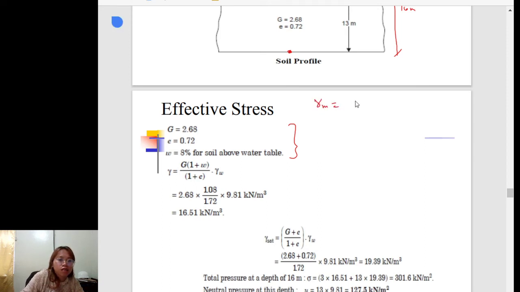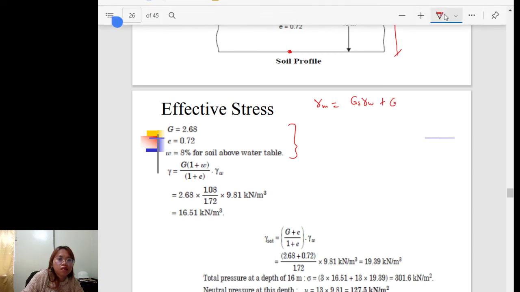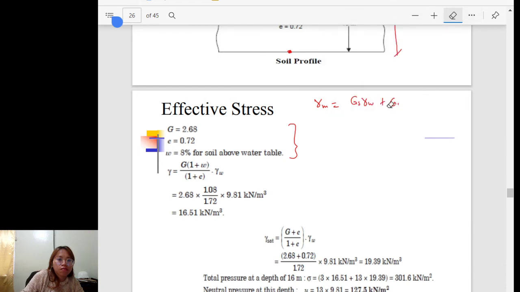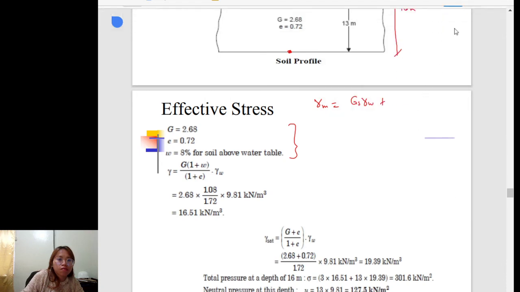This is G_s times the unit weight of water times (1 plus the water content), over 1 plus e.